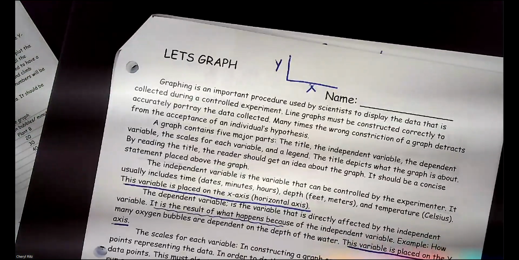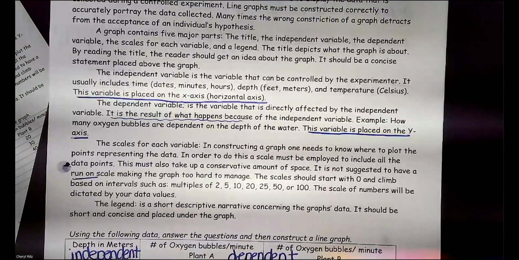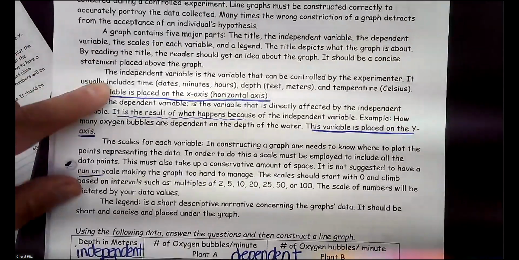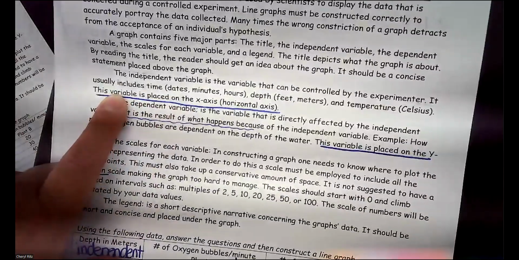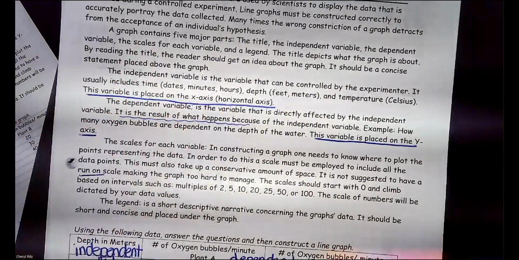Everybody point in the reading where it is. Yep, what paragraph is that in? Right there, oh, I already underlined it. This variable is placed on the x-axis. The independent goes on the x.